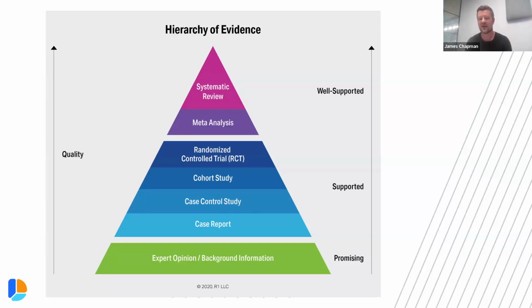At the lowest level, it could be bringing in some expert opinion and capturing the voice of the clinician, or how it's making a difference, all the way up to things like randomized control trials and systematic reviews, which are arguably a lot more complex, take a lot more time, and you need the right people involved to help you do that. So figuring out what level of evidence you need that is relevant to your innovation, to the stage that you're at, is really important.